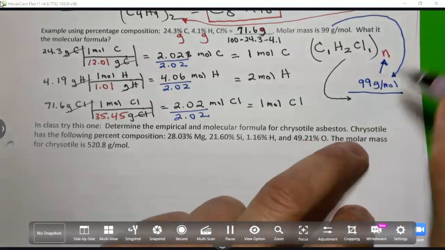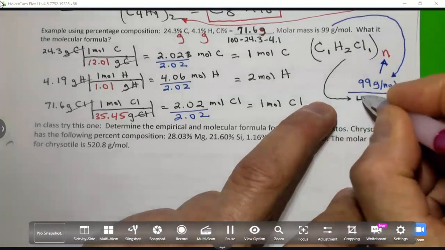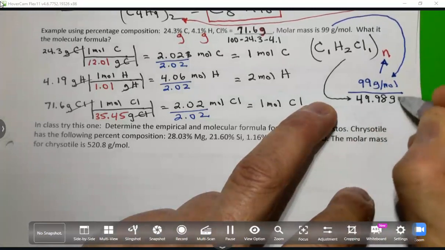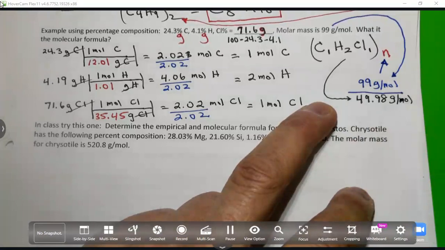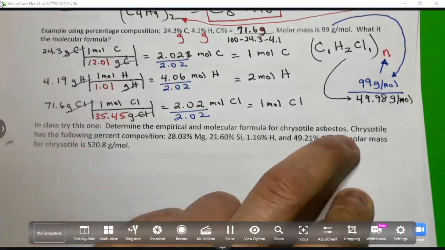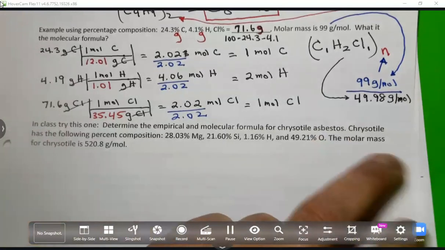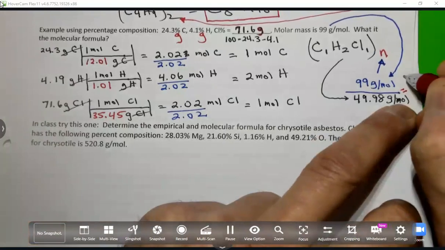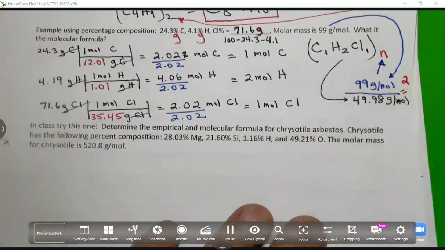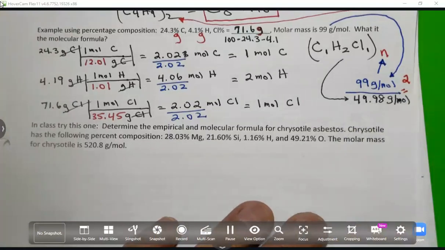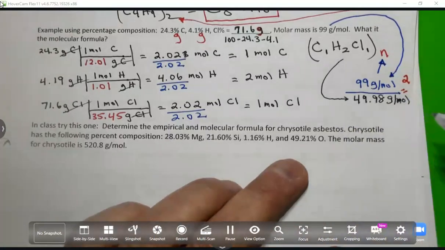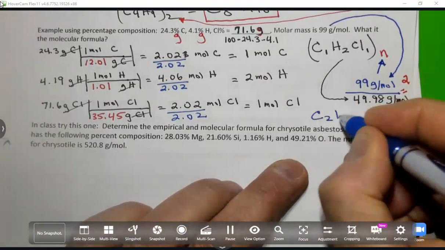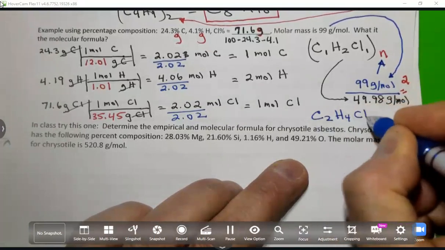That gets us 49.98, which means our multiplier is 2. So our final formula is C2H4Cl2.